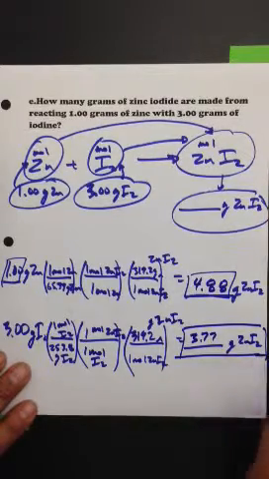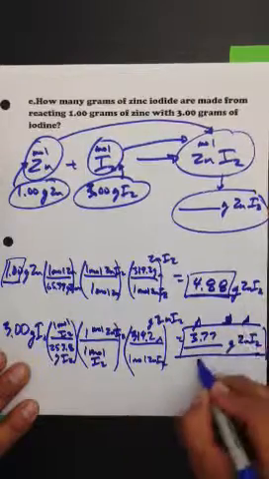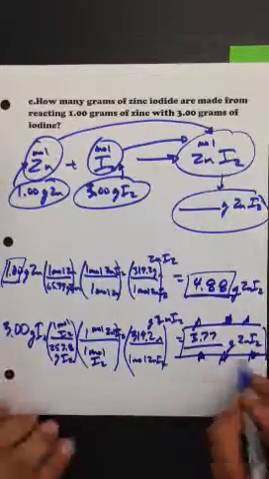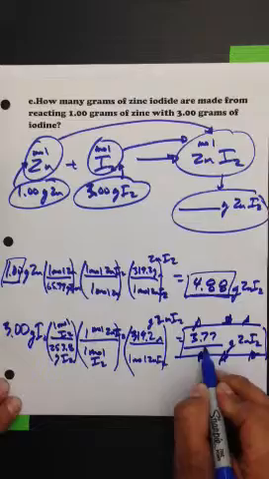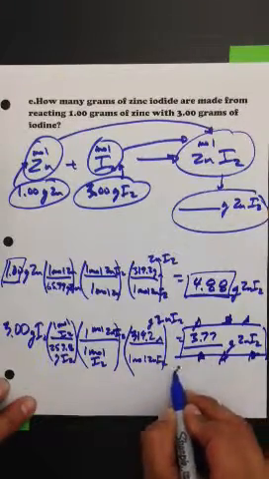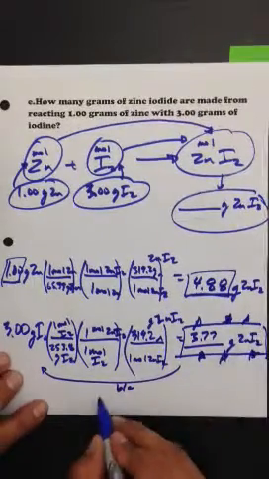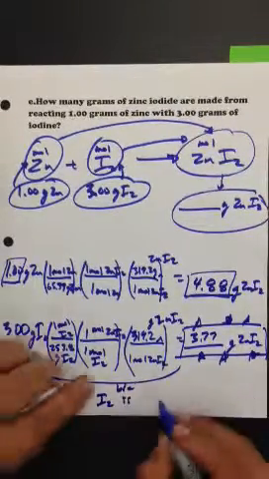Which one of these has the least amount? This one. Yay! So this is the maximum amount we can make because it's the least amount of product, which tells us that iodine is the limiting reactant.